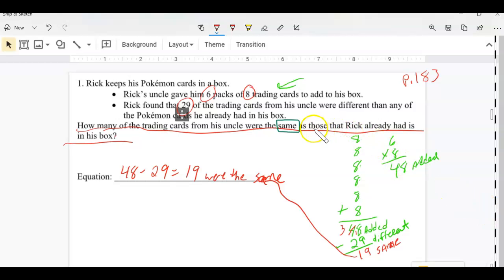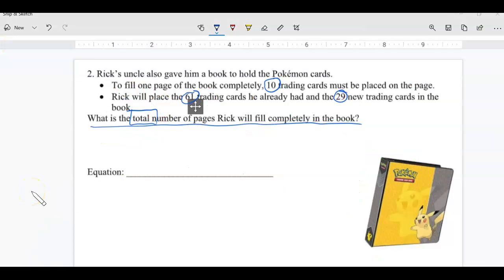So we did several different steps on here. This is also on page 183.